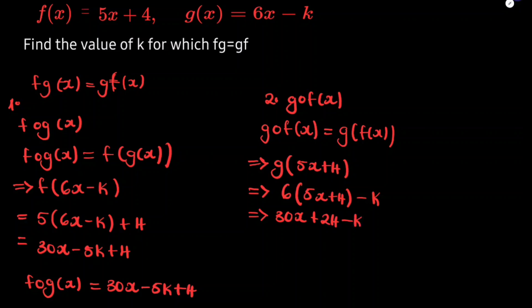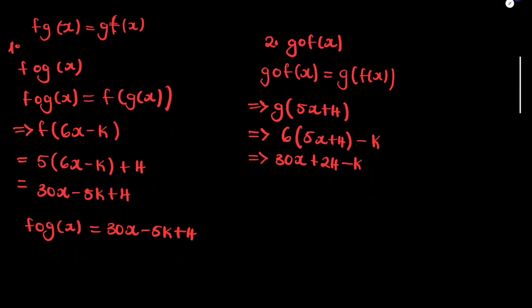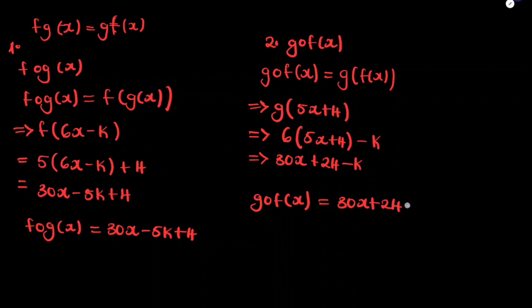There are no like terms, so we cannot simplify anything. We will leave it like that. So we conclude g of f of x is equal to 30x plus 24 minus k.